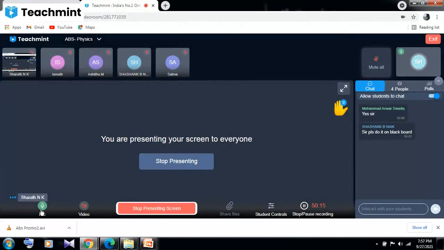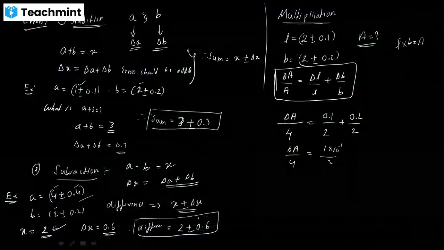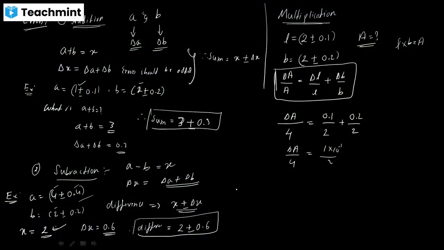Okay, students, can you hear me now? Yes, sir. So you can write 0.1 like this. And here 0.2 is there, so I will write 2 into 10 power minus 1. Sorry for that line. Automatically it comes sometimes.